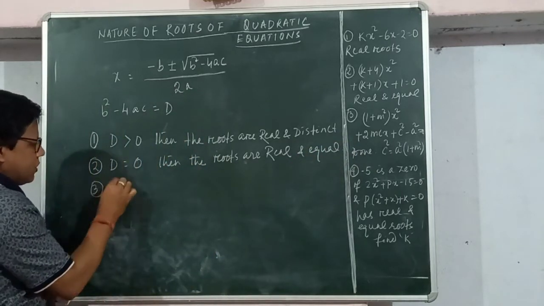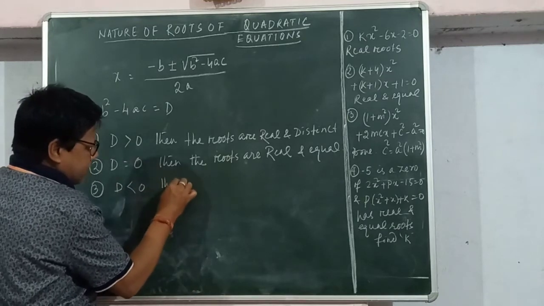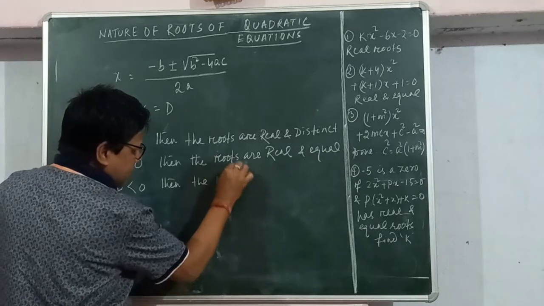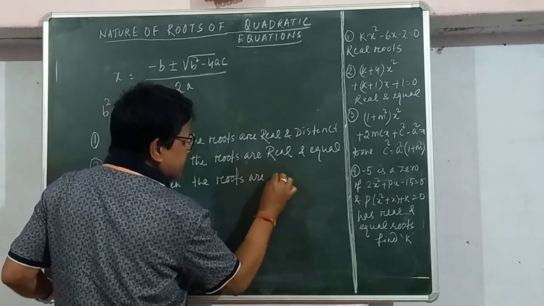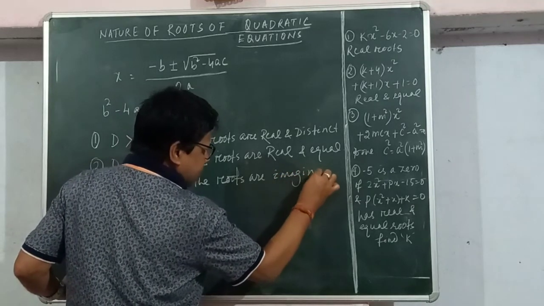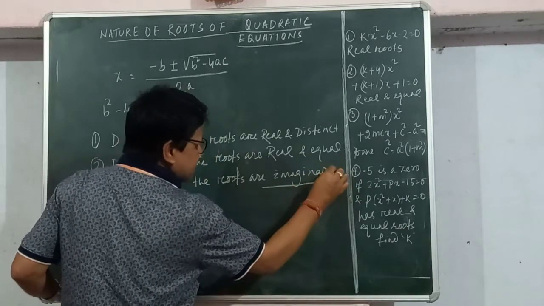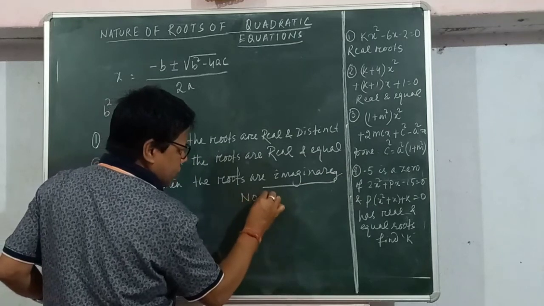Number 3, if D is less than 0, then the roots are imaginary. That means there will be no real root.